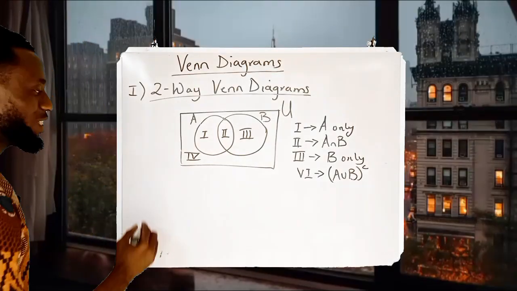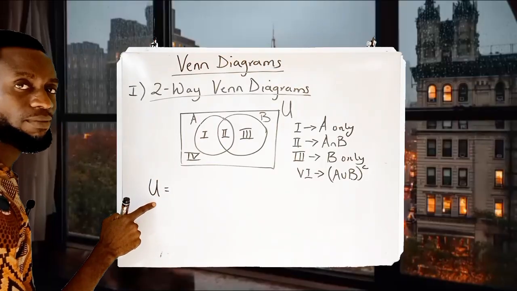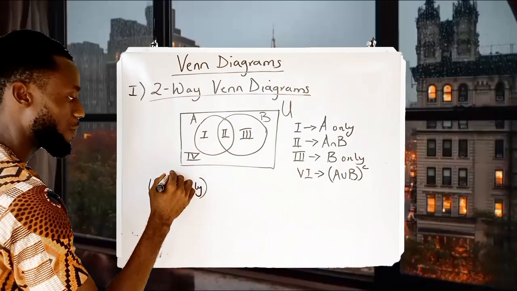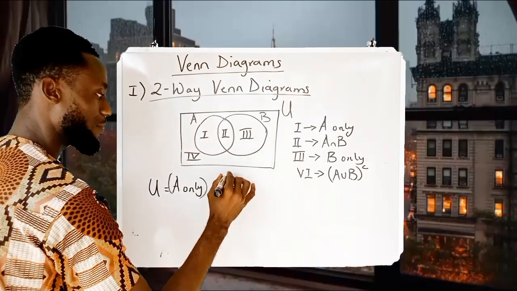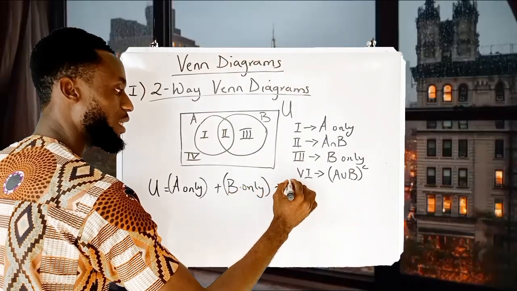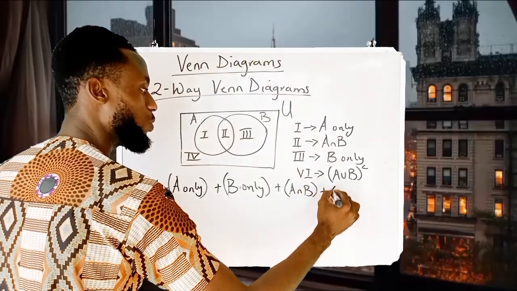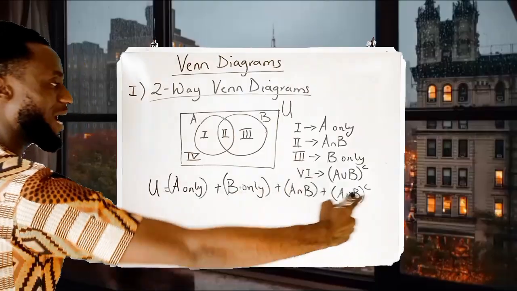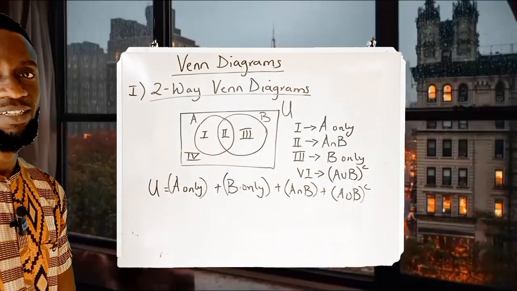Now what you need to know is that to get the universal set, you need to add A only with B only. You also add it with the A intersect B and add it to the A union B complement. The 4 of them added together is equal to the universal set.